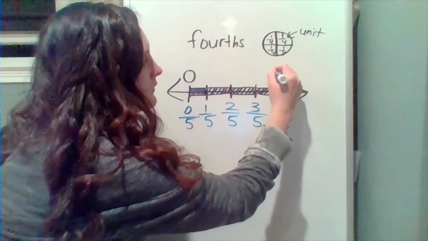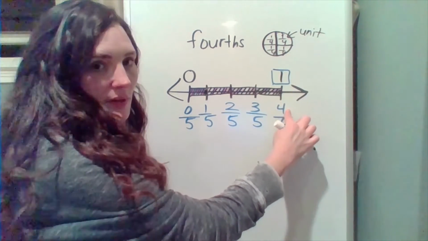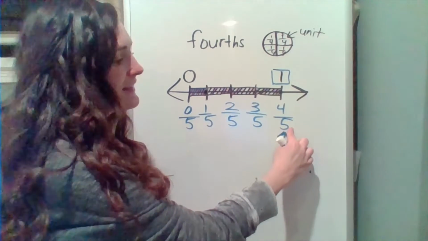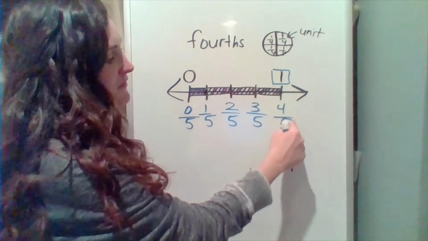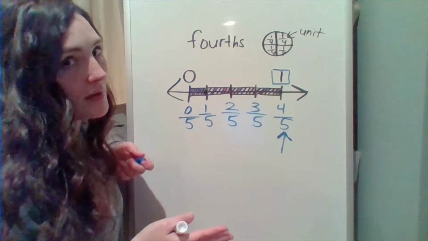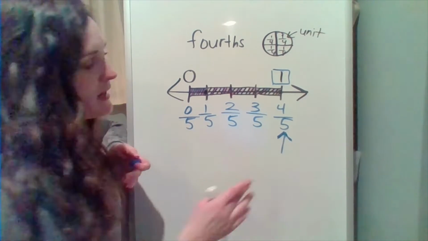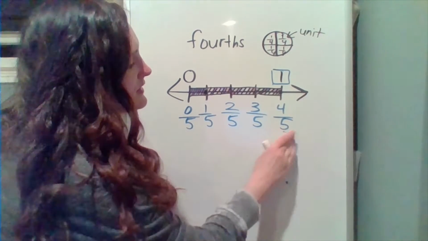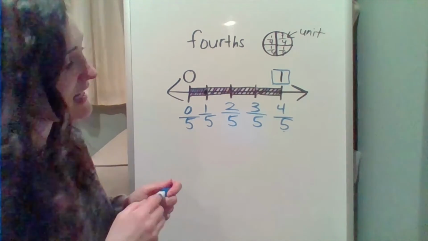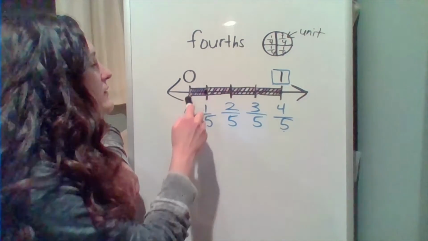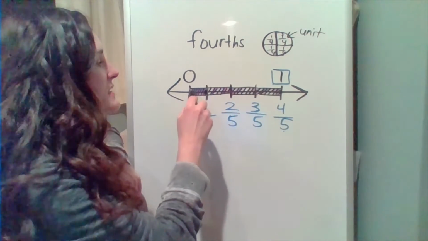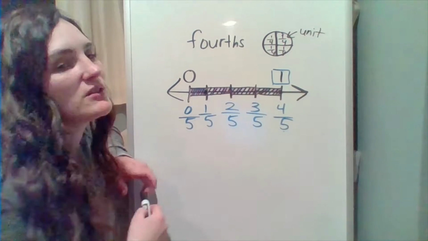If your whole has the same number in the numerator and the denominator, then you did it correctly. So 4 fifths is not the same number on the top and the bottom, which means we made a mistake. So you've got to say to yourself, wait a minute, what did I do wrong? Oh, I counted the tick marks instead of the spaces between them.